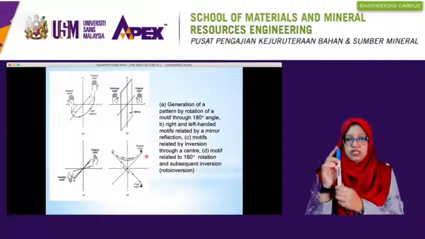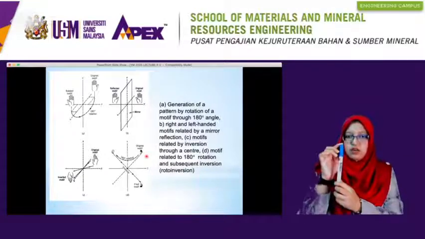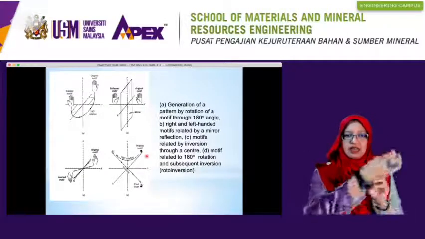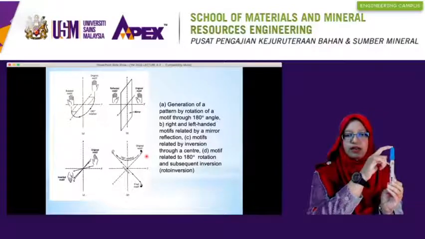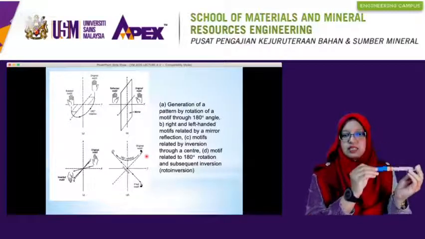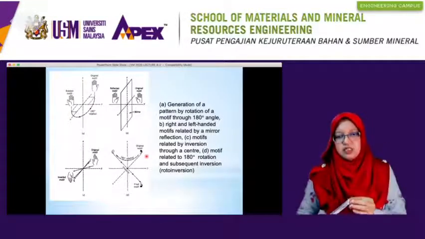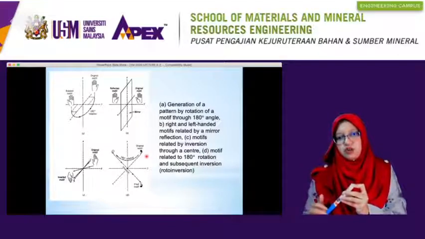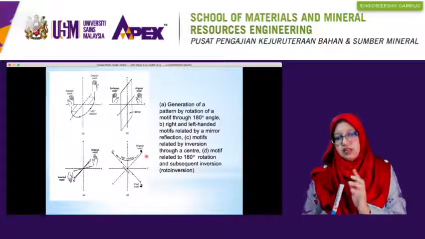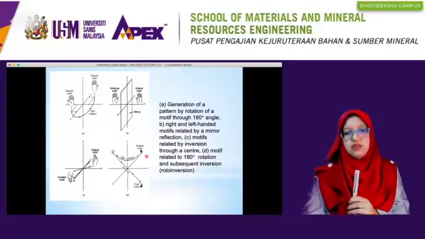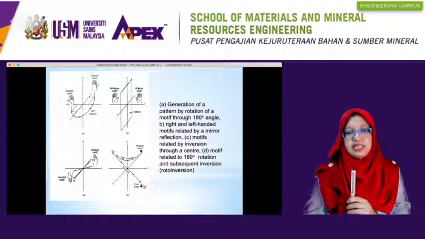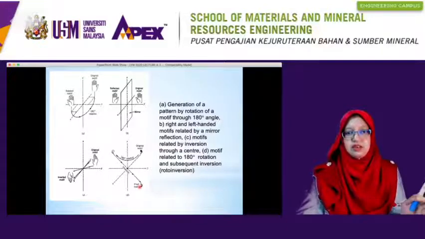So this is your original motif. You have to rotate 180 degrees, and then you have to invert through the center of the axis. So now the head of the motif is pointing downwards and the tail is pointing upwards. That's why you get your final motif like this. Okay, simple.